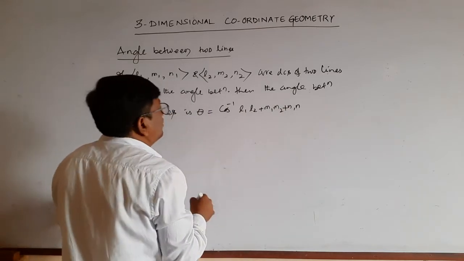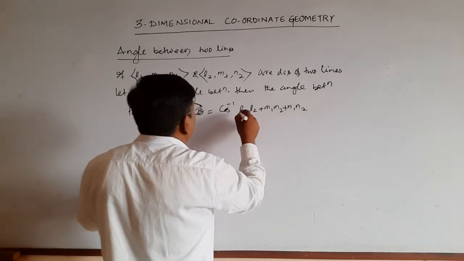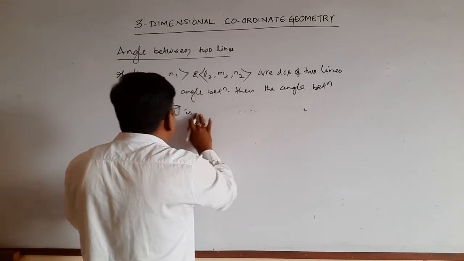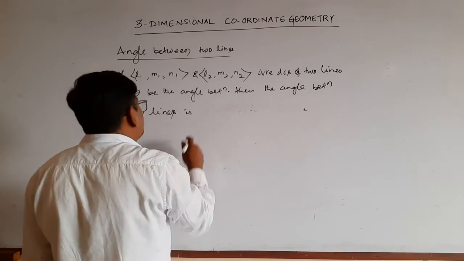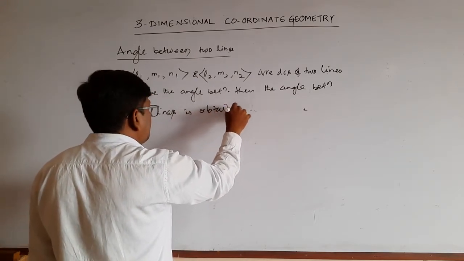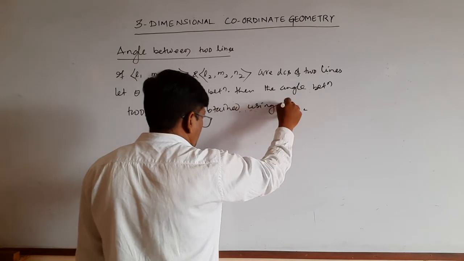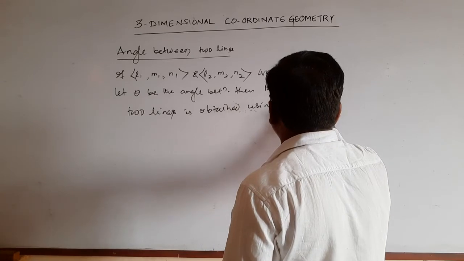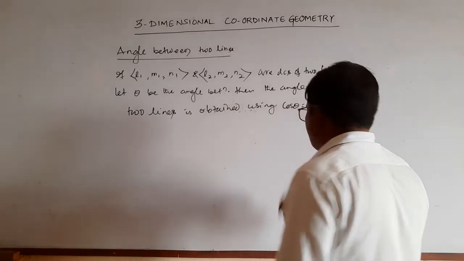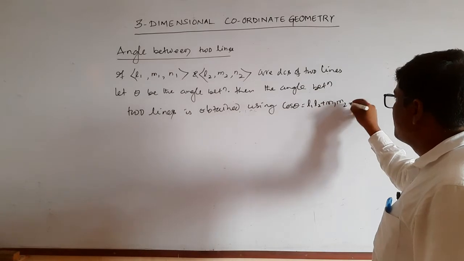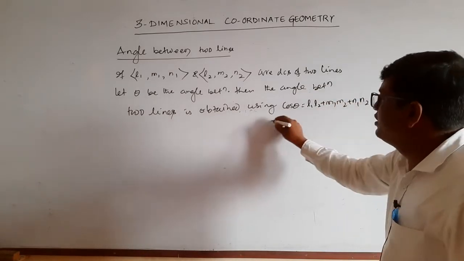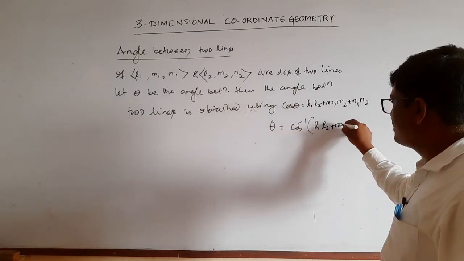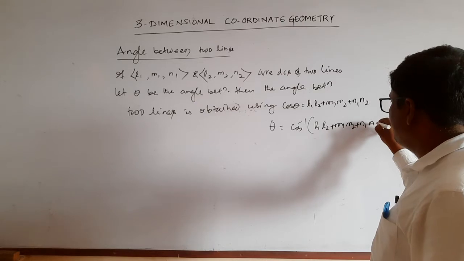Or we can write cos theta is equal to L1 L2 plus M1 M2 plus N1 N2, or theta is equal to cos inverse of L1 L2 plus M1 M2 plus N1 N2.